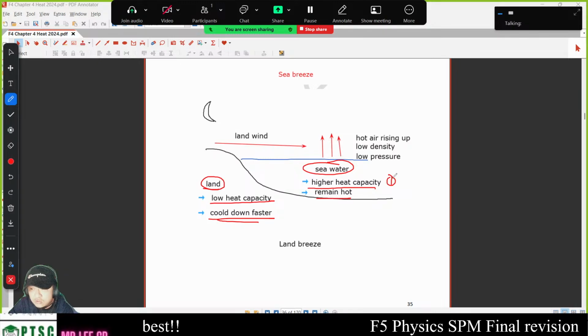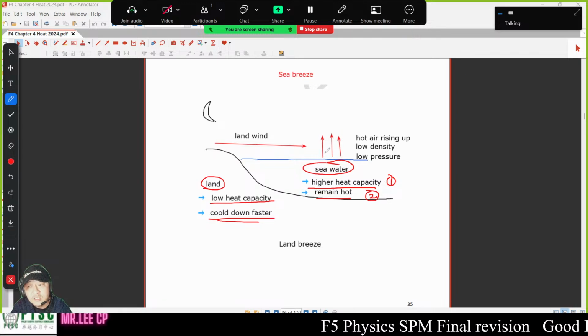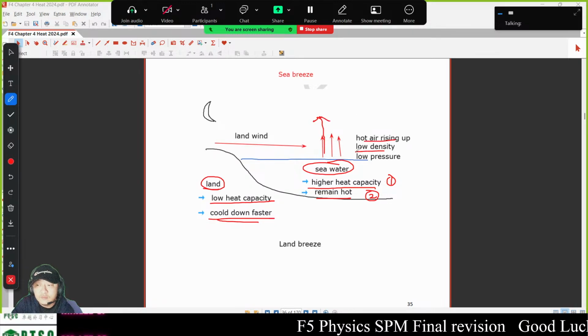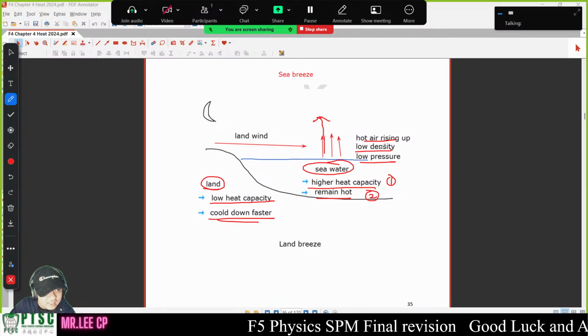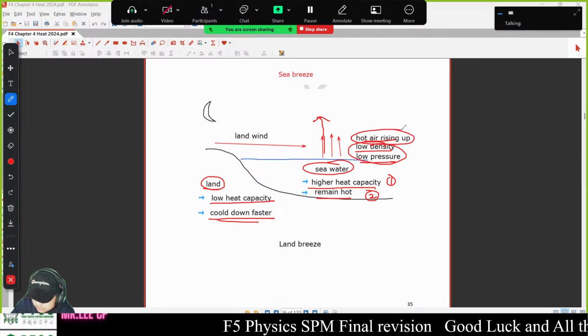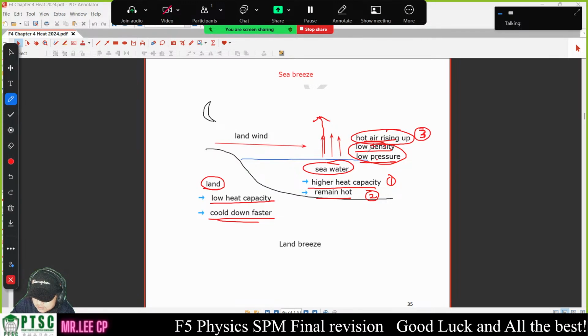So this one 1 mark. You stay hot for a longer period, 2 marks. So hot air rising up. If you feel it is not enough marks, you write these few. This one is the 3rd mark. These two, you try to write it.